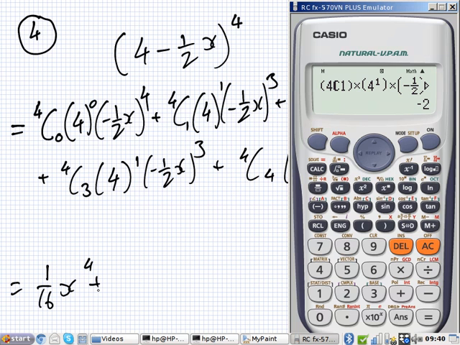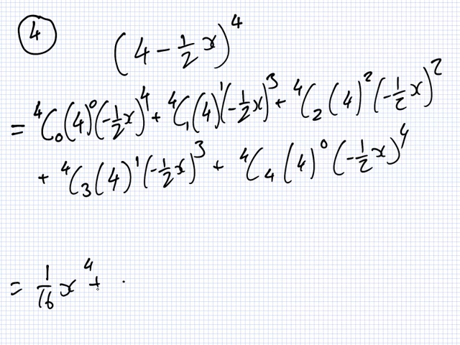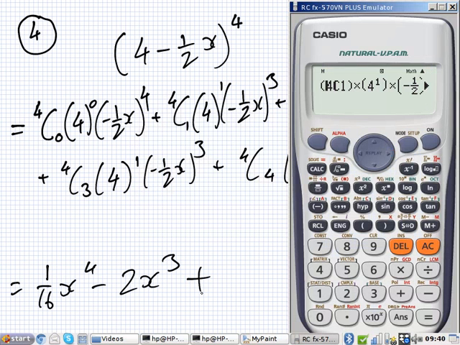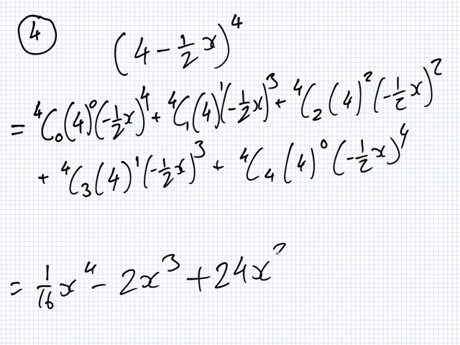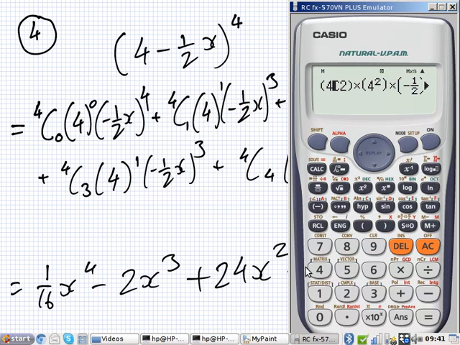Minus 2x cubed. So the next one's probably a plus 2, 2, 2, plus 24x squared minus 128. Let's double check.